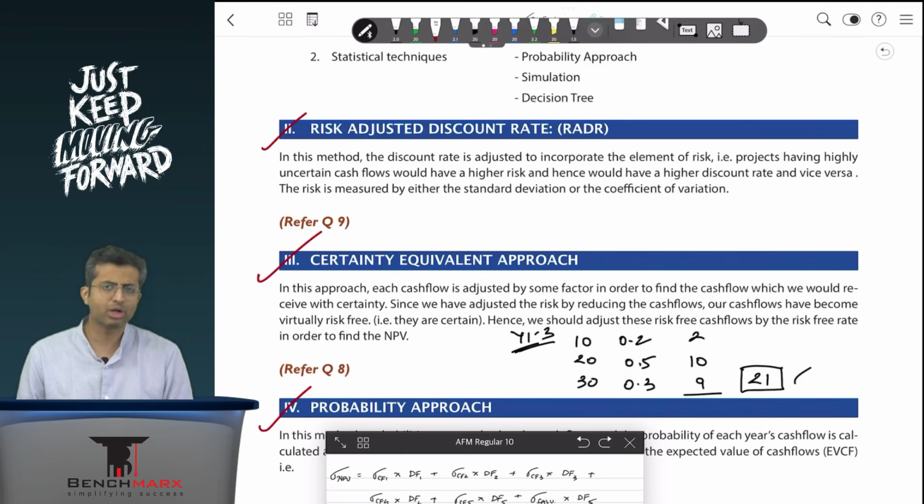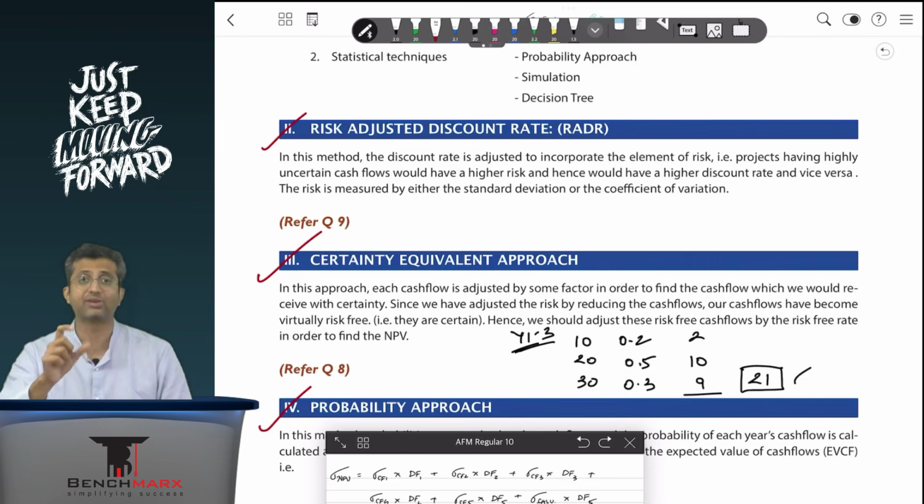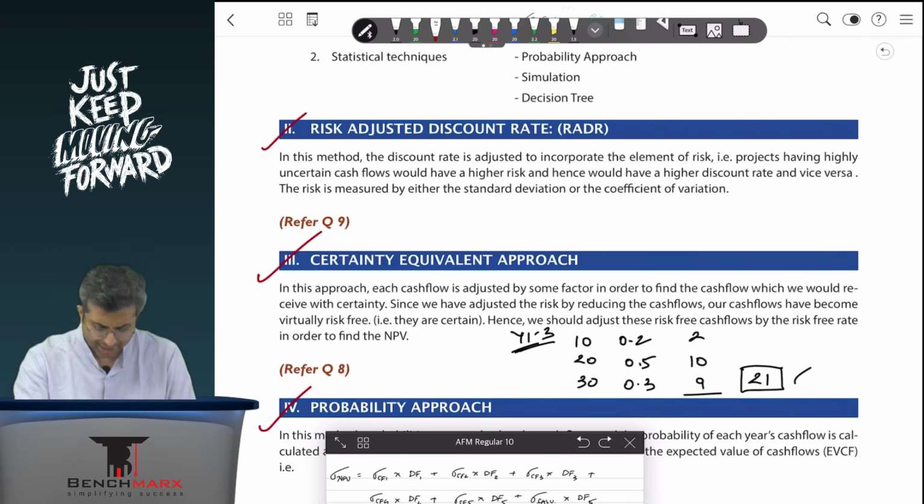in which case that is your certain cash flows. So there will be a certainty equivalent factor, and you will multiply your expected cash flows with the certainty equivalent factor. Now, the certainty equivalent factor has to be given to you in the question. You can't calculate it based on the expectations of certainty or uncertainty.